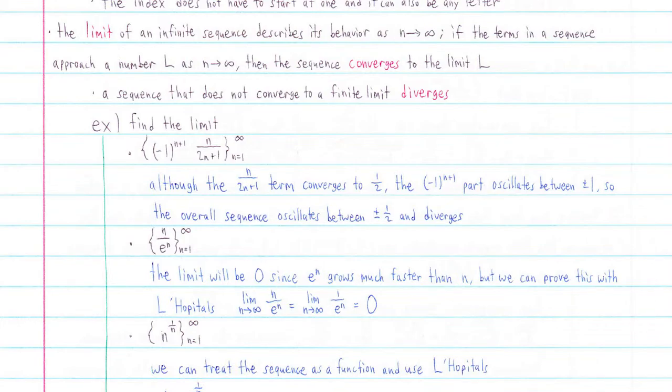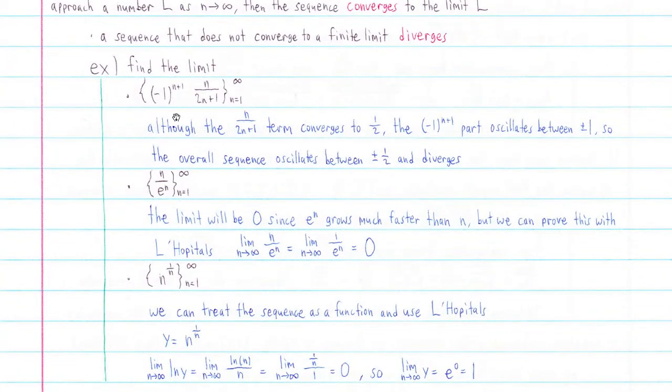If the terms in a sequence keep approaching some number L as we plug in more and more values of n, then we say that the sequence converges to the limit L. And if a sequence does not converge, then it diverges.